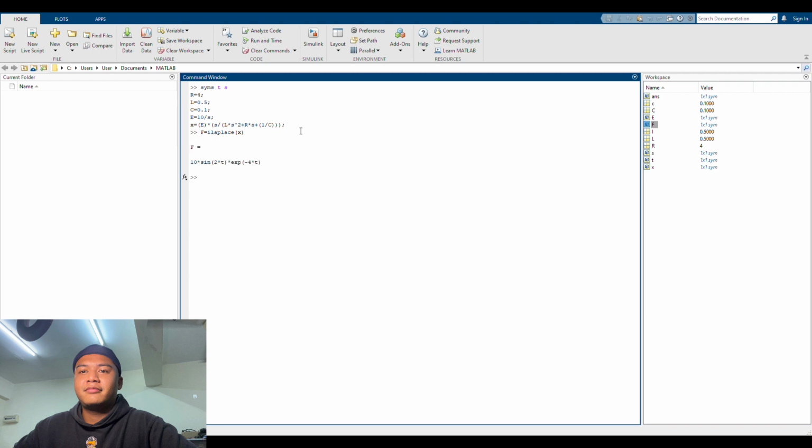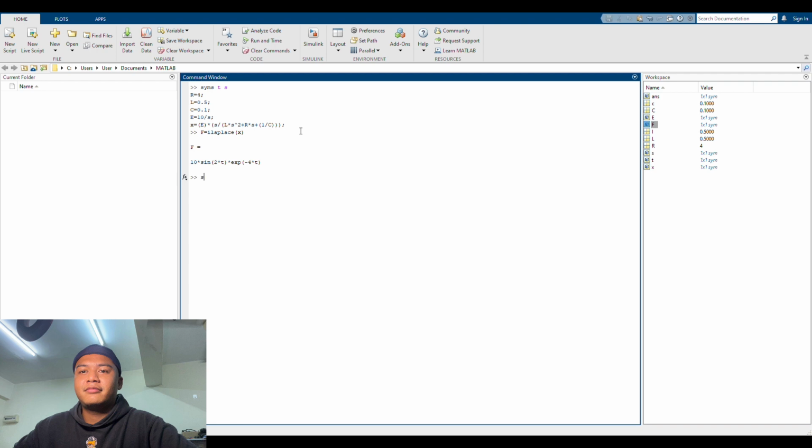This coding shows the answer of the inverse Laplace transform. The answer is 10 times sin 2t times exponent power of negative 4t.